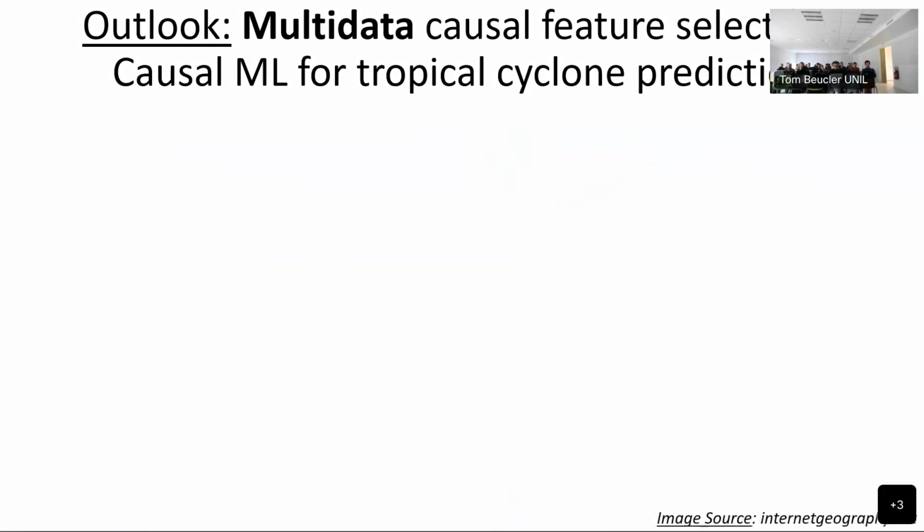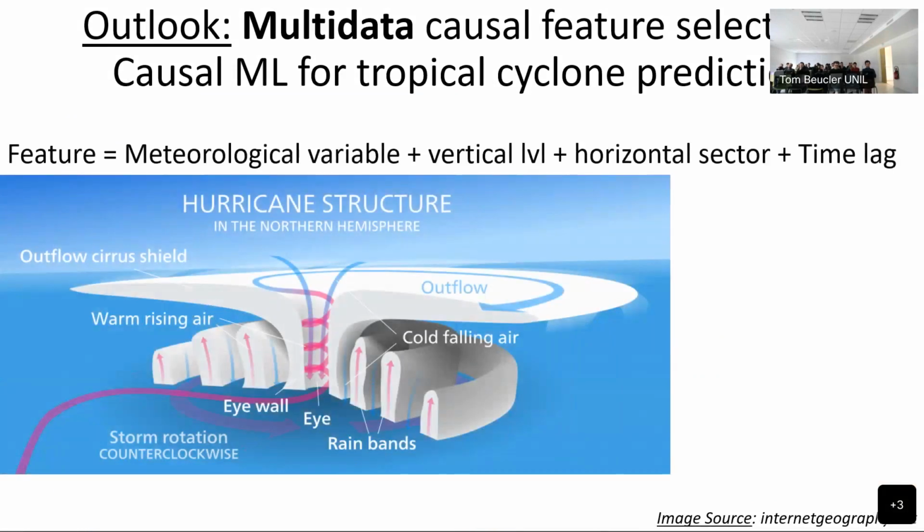And so we apply this to the statistical prediction of tropical cyclones, where we're trying to predict surface intensity, so the maximal surface wind speed, minimal sea level pressure, and precipitation. We have a lot of meteorological variables to choose from, and we wanted to be agnostic.